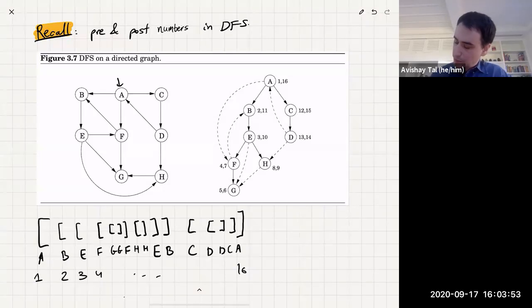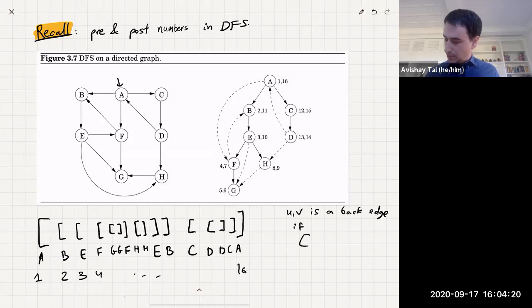And if you look at any two vertices that are connected by an edge, we discussed what the possible relations are between the brackets of these two vertices. So let's say U and V. We said that U to V is a back edge if the order is like V, U, U, V. You can see it in this example.